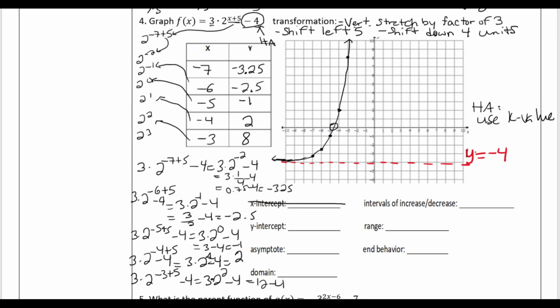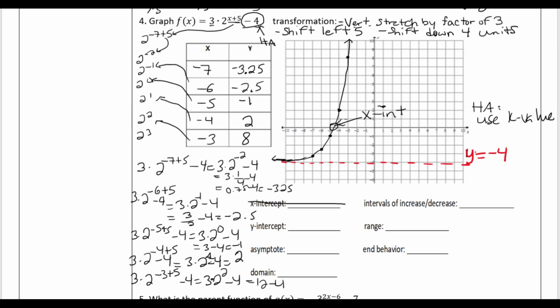But you just have to know that there is an X-Intercept around there. At this point, we haven't learned how to determine what that X-Intercept is, without using technology, that is. So we're going to leave it there and just cross that out.